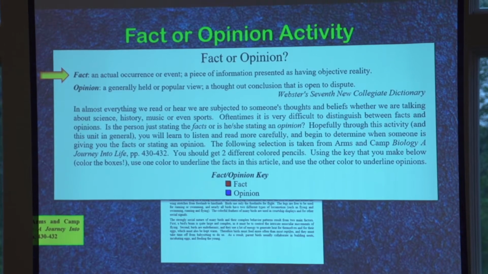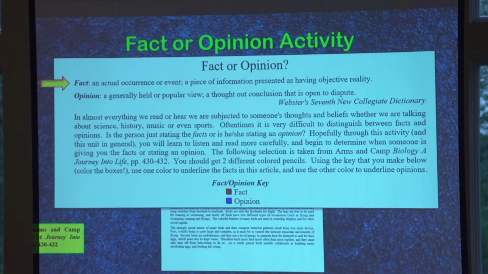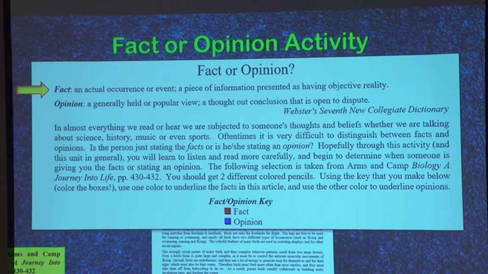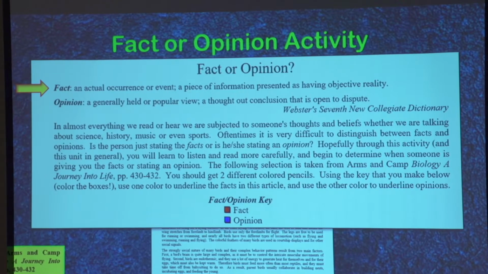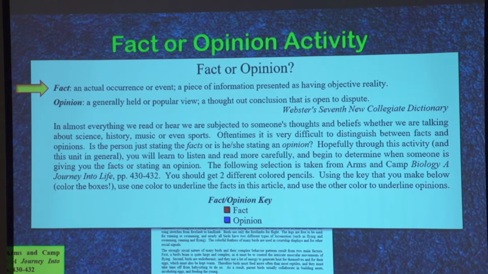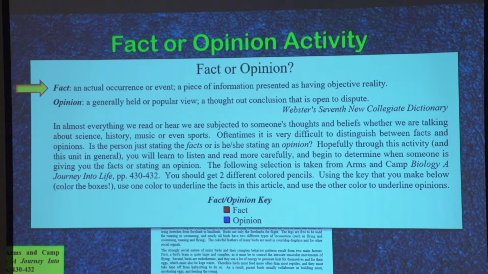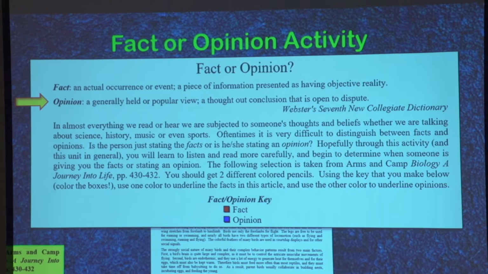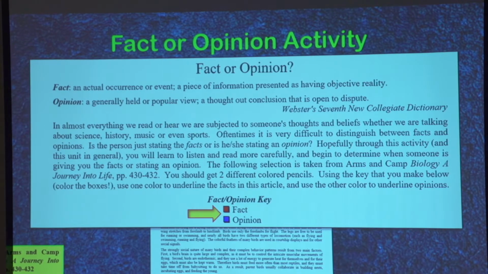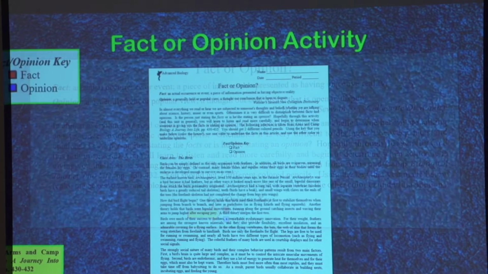If you can read along, it says fact: an actual occurrence, event, a piece of information presented as having objective reality. Opinion: a generally held or popular view, a thought out conclusion that is open to dispute. I got this out of the dictionary. And then here's what the students would read.